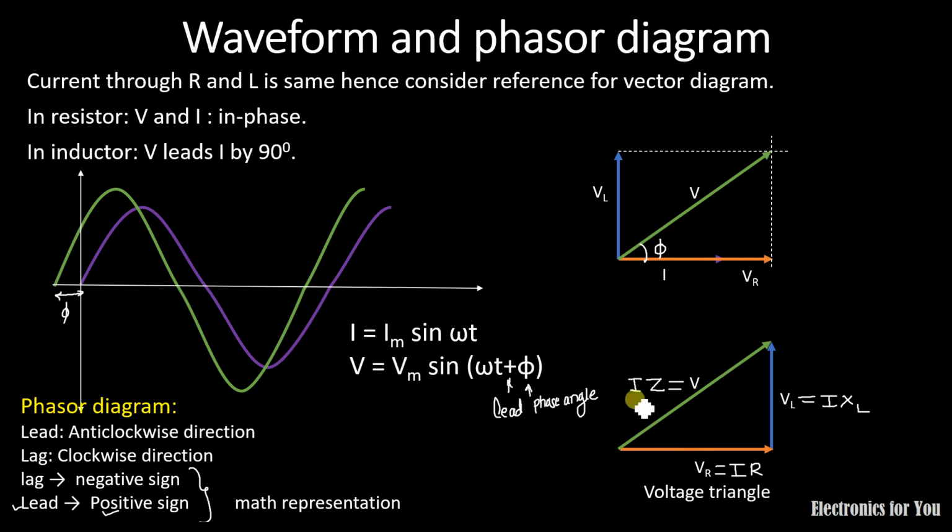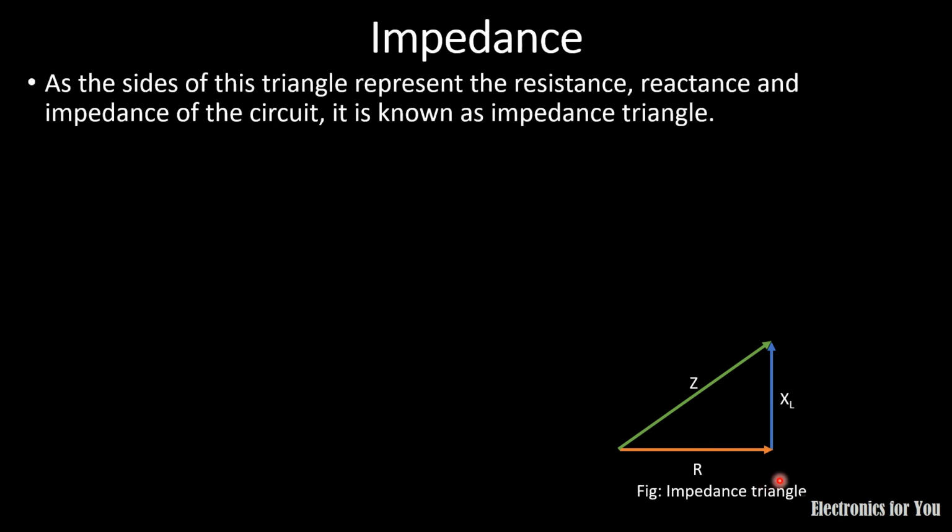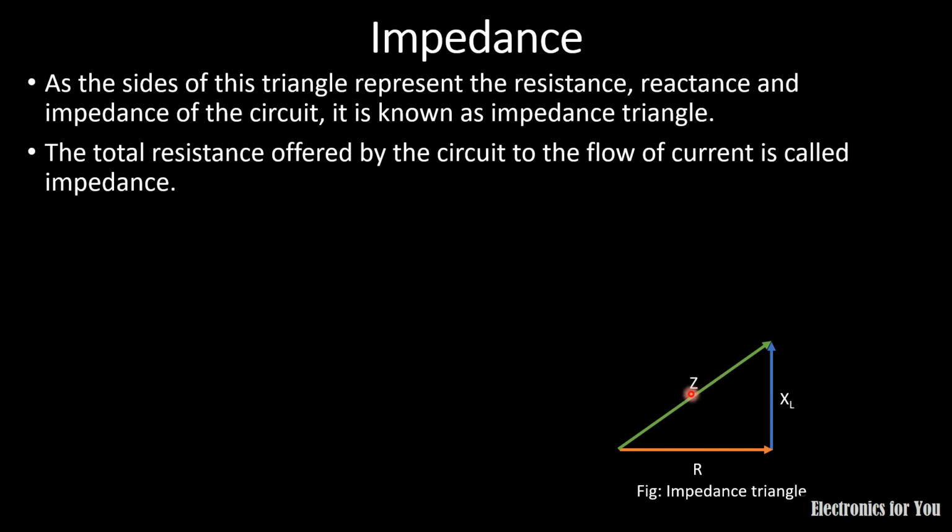If we divide this triangle by I, we get Z, XL and R. As all the components, resistance, inductive reactance and impedance, are there, it is called the impedance triangle.